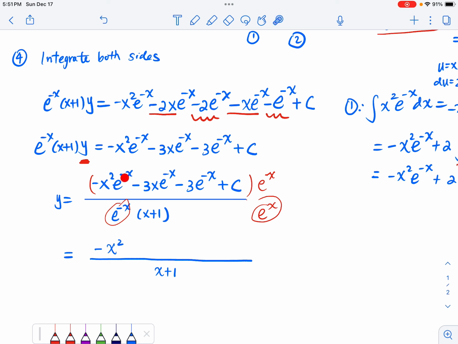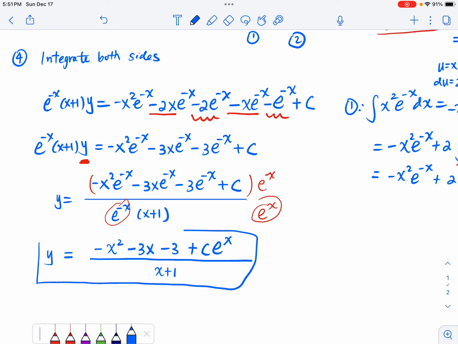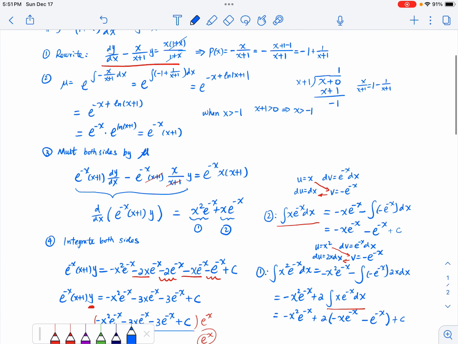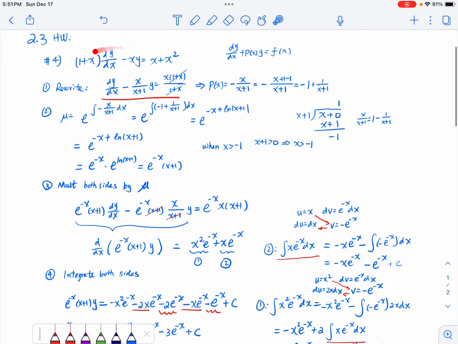Now e to the negative x times e to the x, that's 1. So I don't write it anymore. Minus 3x minus 3 plus c times e to the x. So I think this is the general solution for the linear equation that we have for this one.